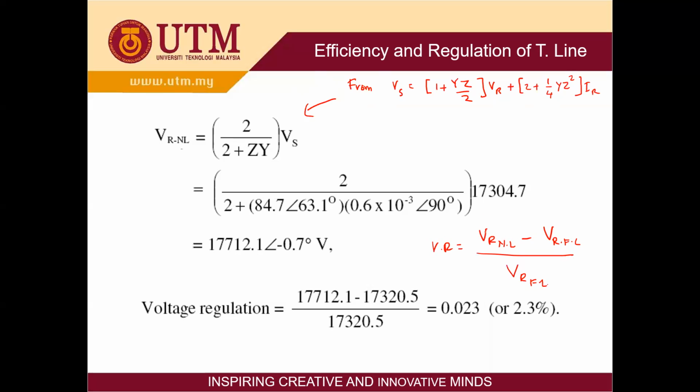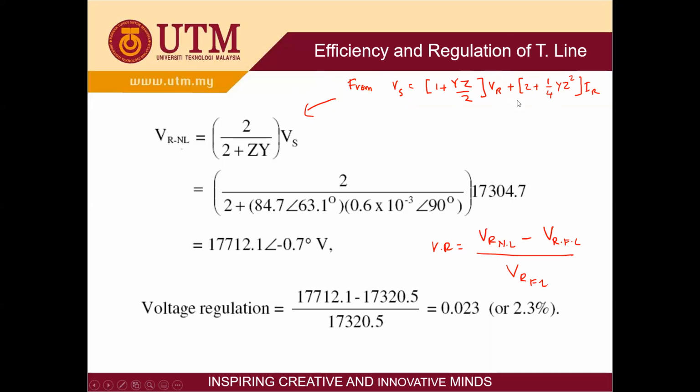To get VR during no load, it's quite challenging for the medium length line because it involves a lot of complex equations like this. This is the first equation that we derived for the medium T line, which is VS equals 1 plus YZ over 2 times VR plus Z plus 1 over 4 YZ squared times IR.